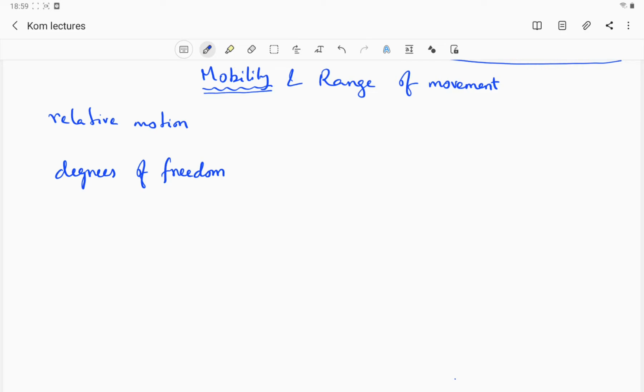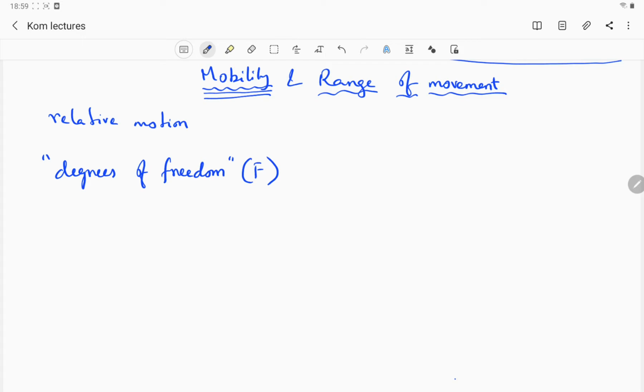So that is one thing which is important, and that we will learn under the title range of movement. Okay, so first let's focus on the mobility, which is in terms of a variable called degrees of freedom, which we will denote by f.